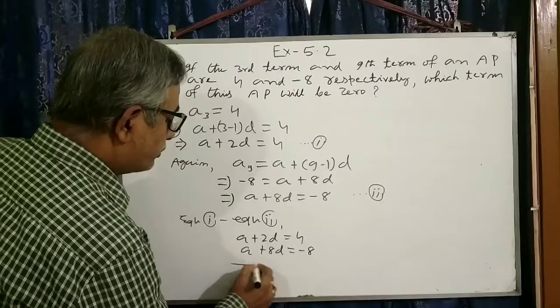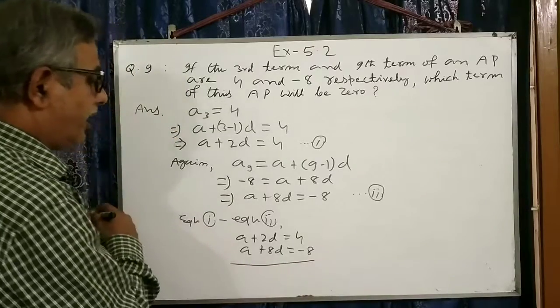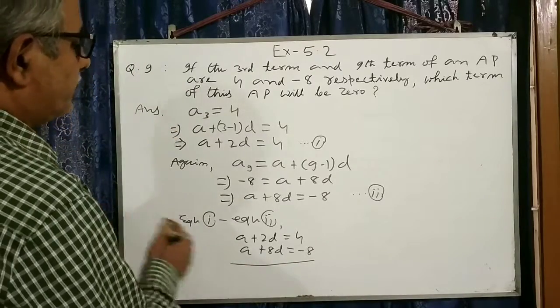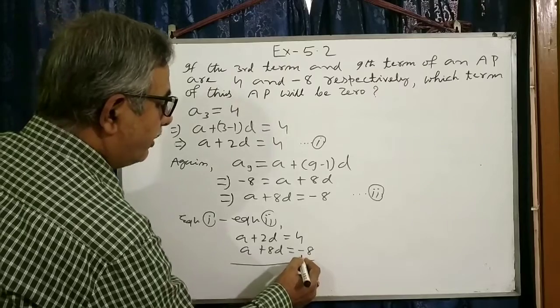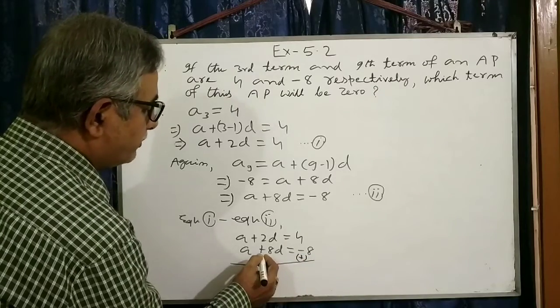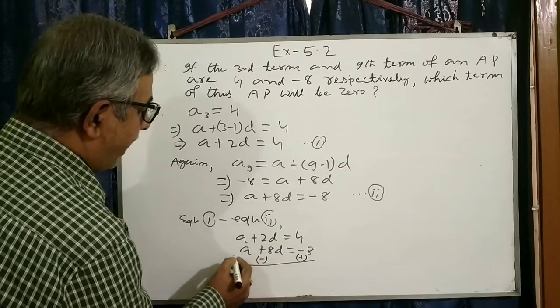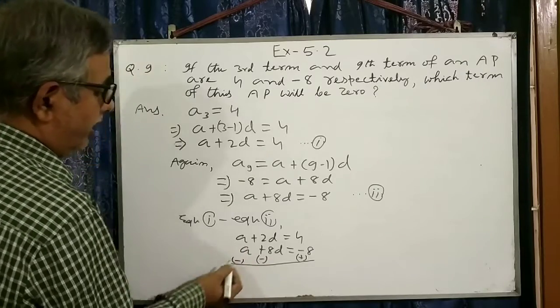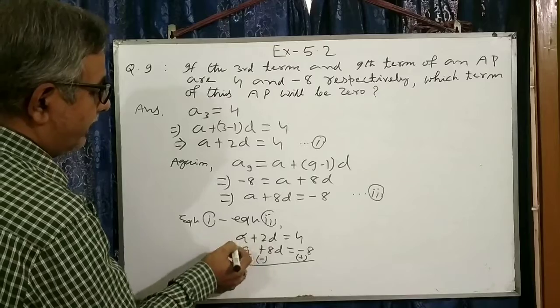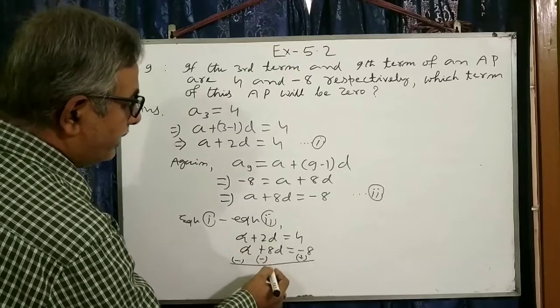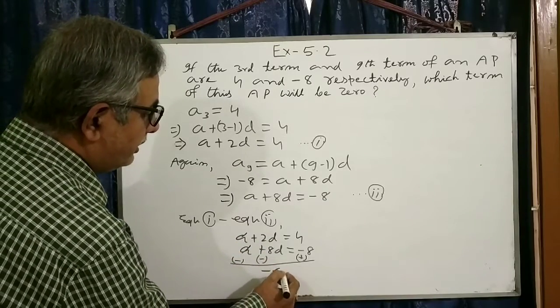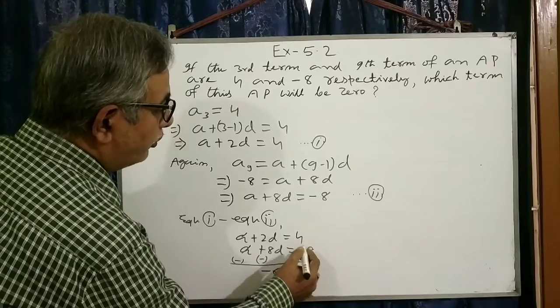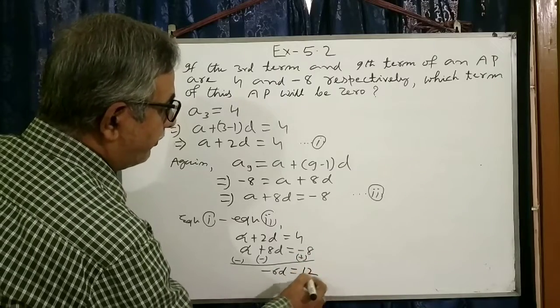When you are going to subtract, the sign of the below one will be changed. Here is minus 8, so it will be plus. Here is plus 8d, so it will be minus. Plus a minus a cancel. You are getting minus 6d is equal to 12.